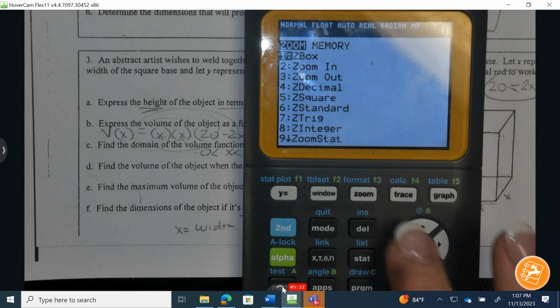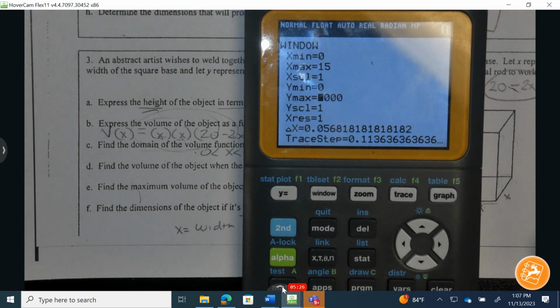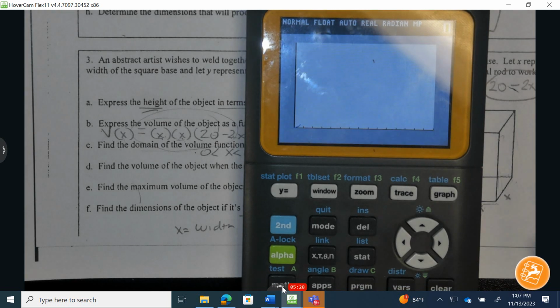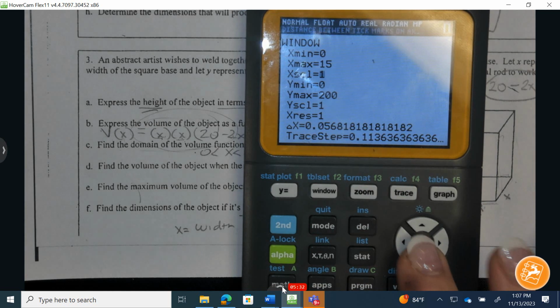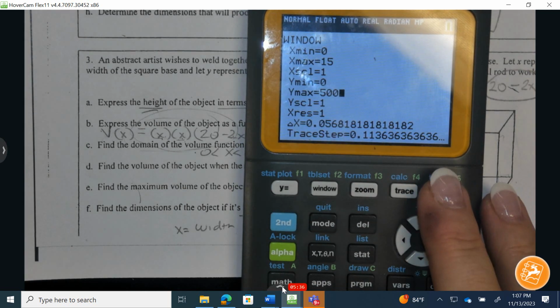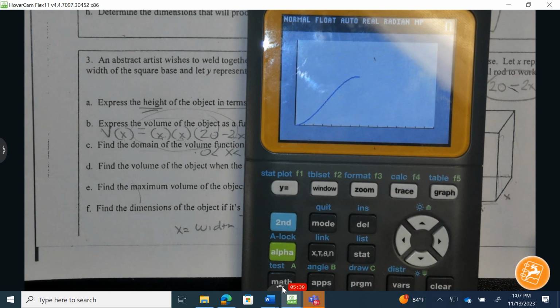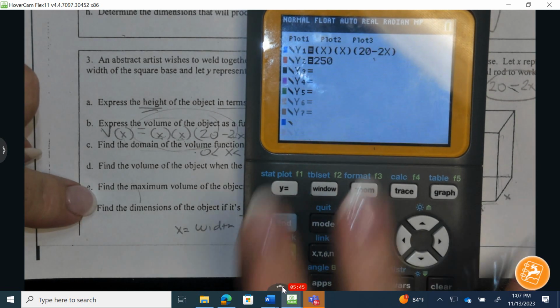Let's see what this looks like. So 0, that looks a little too big. Let's go 2,000 and see if that's better. Nope. Let's go up to 500 and see if this is better. Perfect.